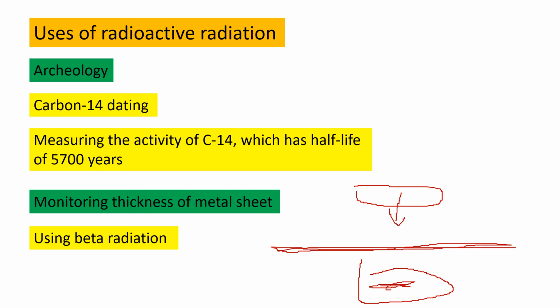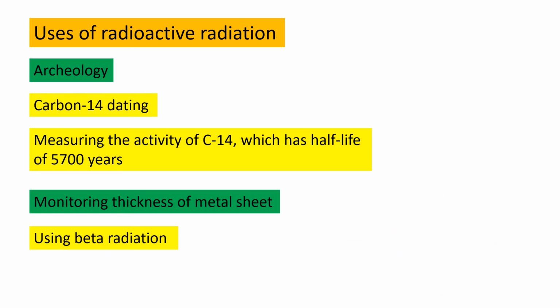The metal sheet is here. If the metal sheet is too thin, the radiation will penetrate and the sensor will sense it and signal that it's too thin. So the metal sheet has to be thick enough to block the beta radiation. You might be wondering, why don't they use alpha radiation? Because alpha is too big. If you use alpha radiation, your metal sheet is going to be really, really thick.